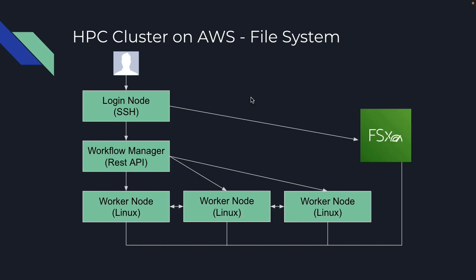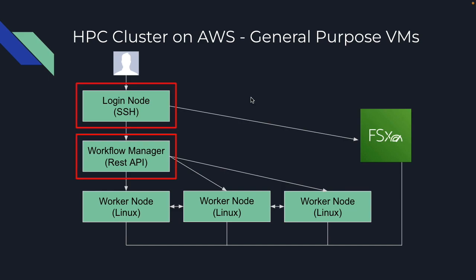Okay, with the high performance file system out of the way, we will talk about the logging node and the scheduler nodes. They are both general purpose virtual machines, and the reason for that is because there is nothing special about them. They're just regular servers.